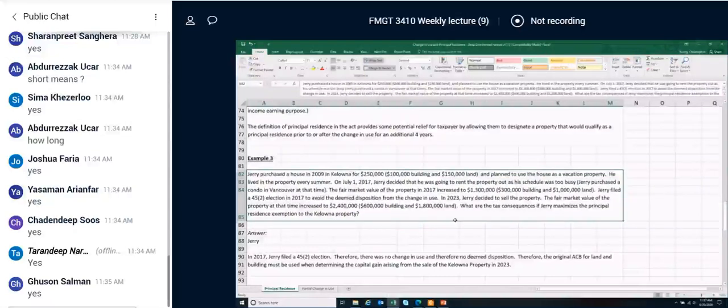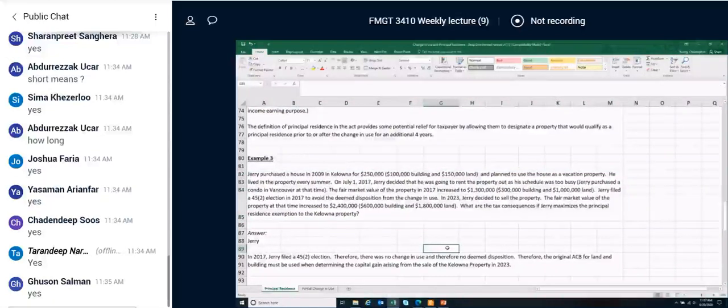But the special thing about this election, because remember, this was intended to give you short-term relief. If you did not rent this out long-term, you just rented this for short-term, the purpose of these rules was not to penalize you for just renting out short-term. So this is what the government said.